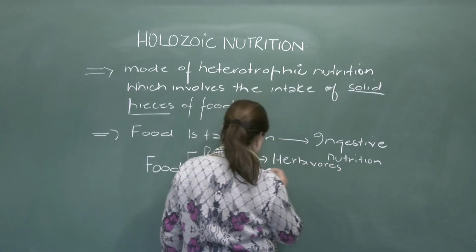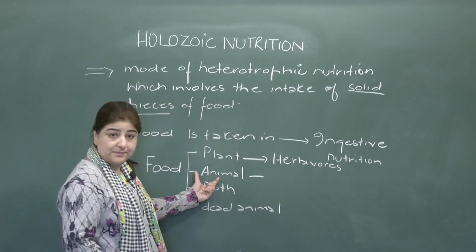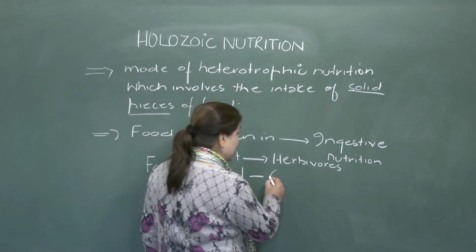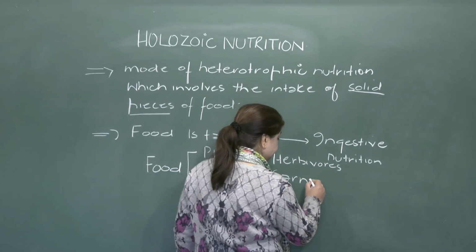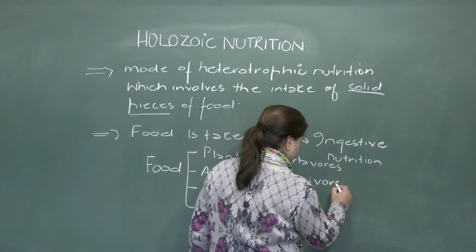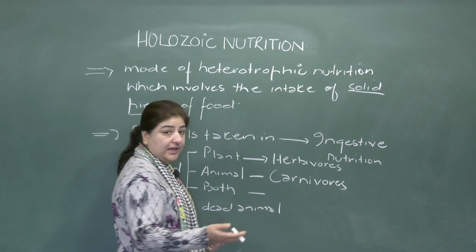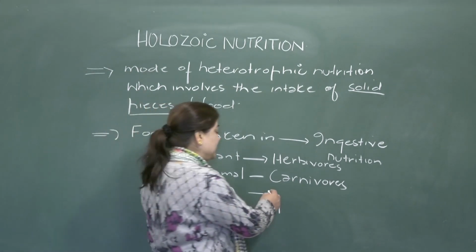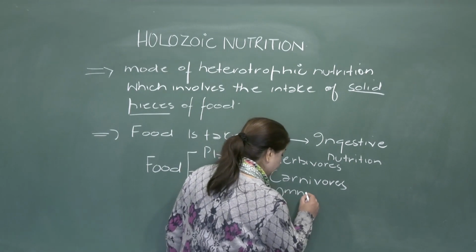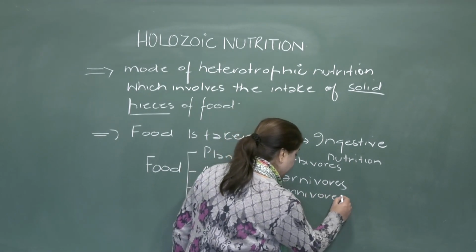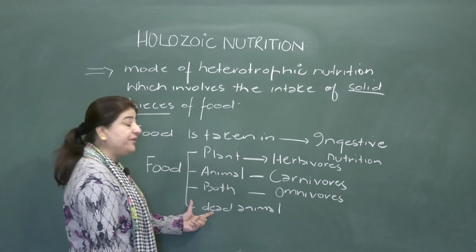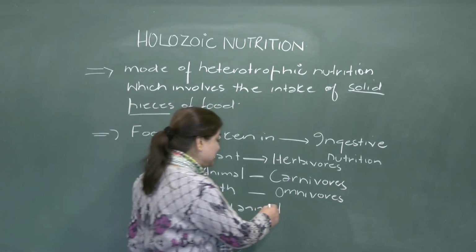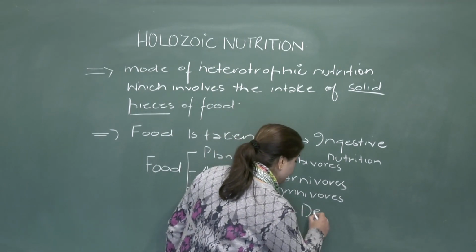If the organism takes in food in animal form, we term it a carnivore. If they take both plant as well as animal form, then it's an omnivore. If the food is taken in the form of dead animals, then it's a detritivore.